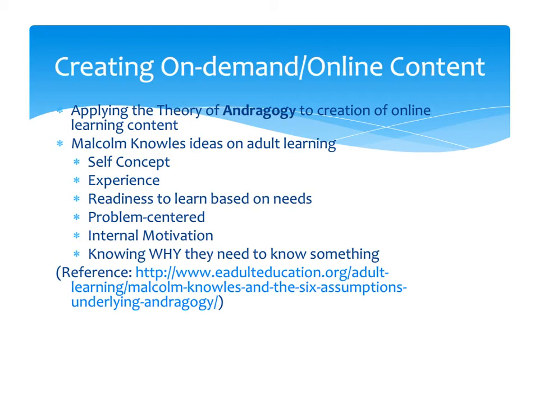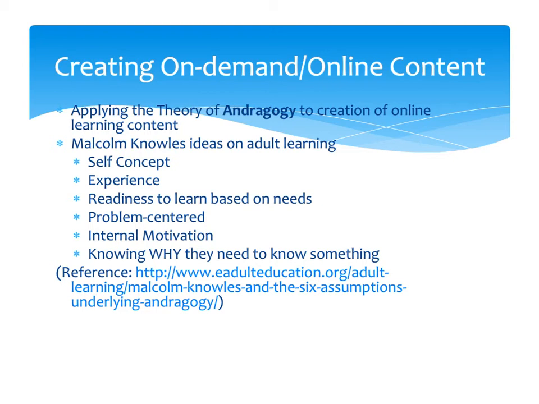And some of his key points in his theory of andragogy were the idea of self-concept as an adult, the idea of experience, using your experience and your self-concept to help you engage and connect with what you're learning. Also, the readiness to learn based on your needs. You want the learning to meet a specific need that you have. In our case, for many, it is to exceed what they are currently obtaining career-wise.